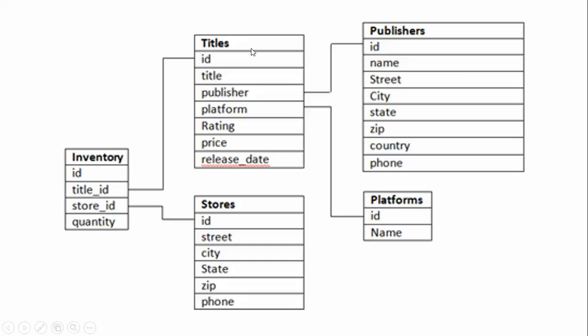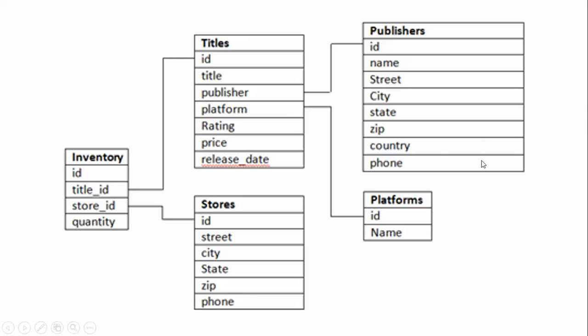So remember, if we had Assassin's Creed, and its publisher code was 4 or something, then we'd say, okay, now go over to the publishers table, find me the record with ID number 4, and that's all the corresponding publisher information for that particular title. When we actually execute this within a query to get the stuff from this table and the stuff from this table and return it as one complete record, that's called a join.